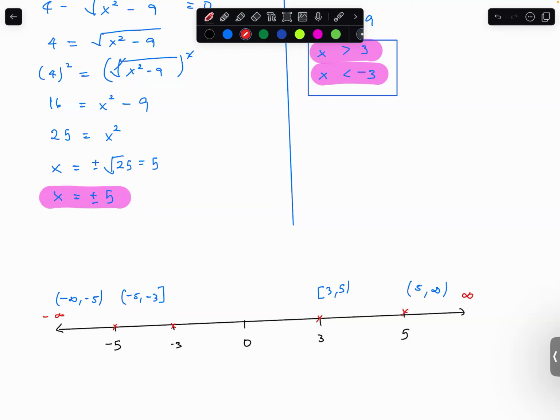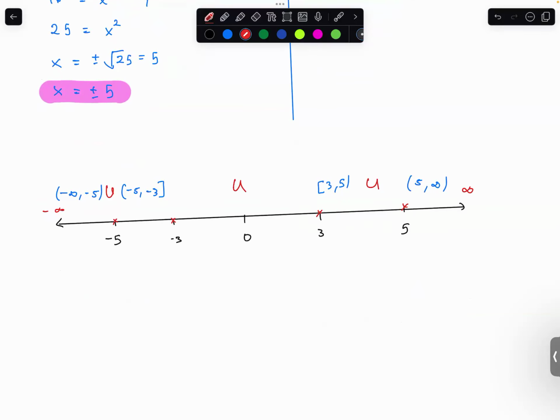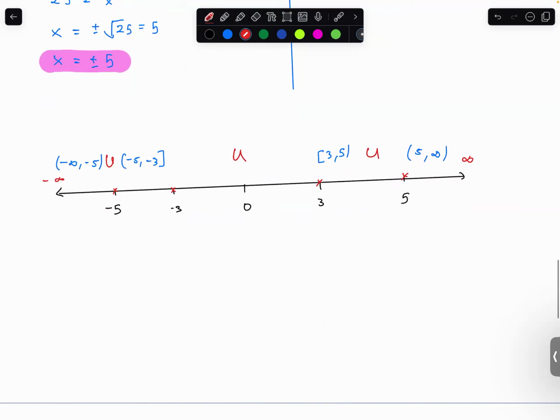So all we have to do now is put the union of the two sections. Let's use a different pen here, maybe the red one. Union. And then this is our domain. So the domain is the combination of all this region.